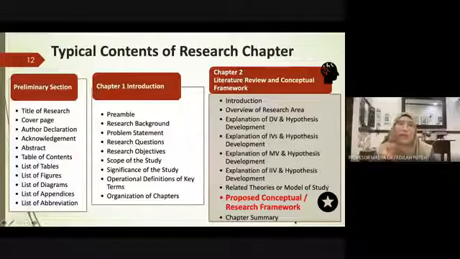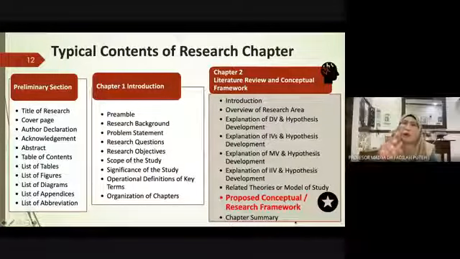Basically, you're going to have the introduction, the overview of your research area, the explanation about your DV and also hypothesis, the explanation about your independent variables and the hypotheses, explanation about moderating variables if you have any, and the explanation about IVs, or they call it mediating variables, if you have them.